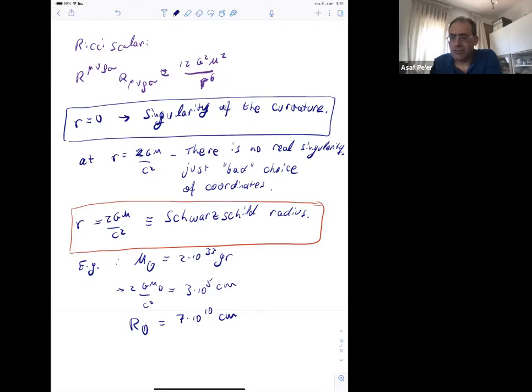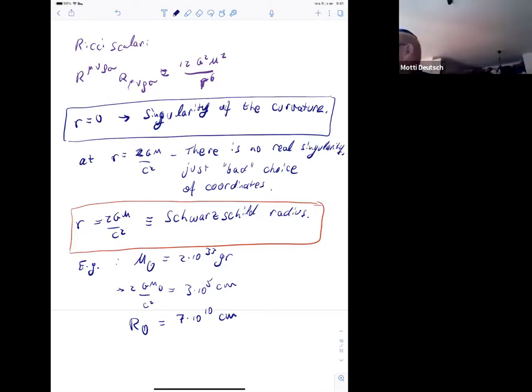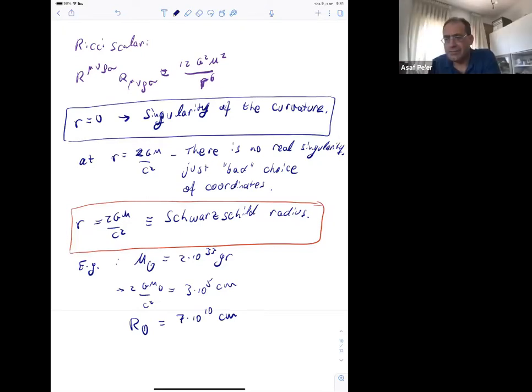For the amateur astronomers: black holes. Right, when we have objects whose mass is concentrated in a small enough region of space, smaller than this radius, then this radius really appears in vacuum. These are known, of course, as black holes.